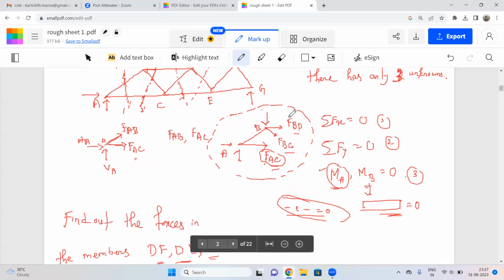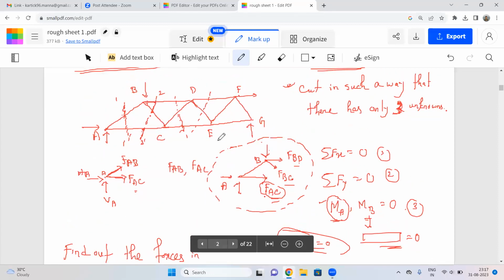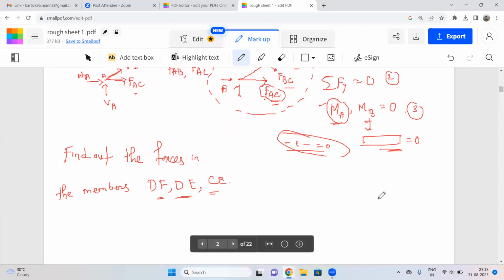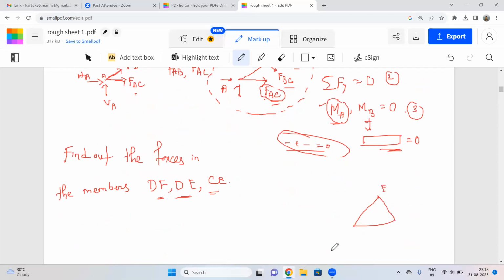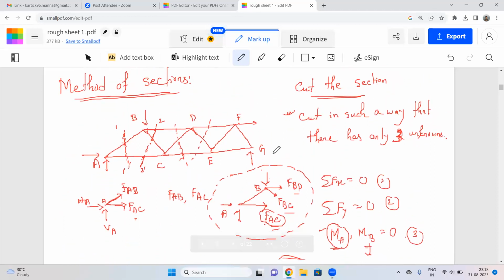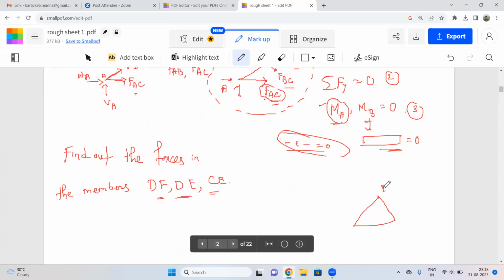If you choose from this end, what will happen? First of all, you have that point E, that is F, E, F, G. So that is your F. Here it is E, here it is G.